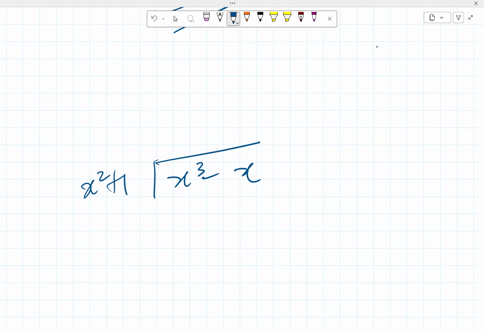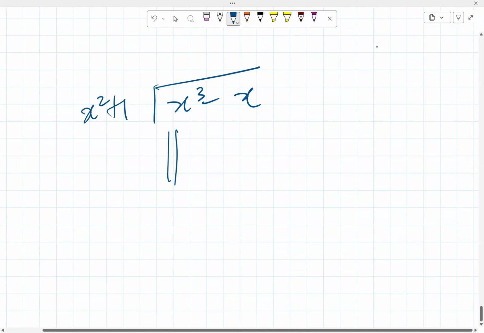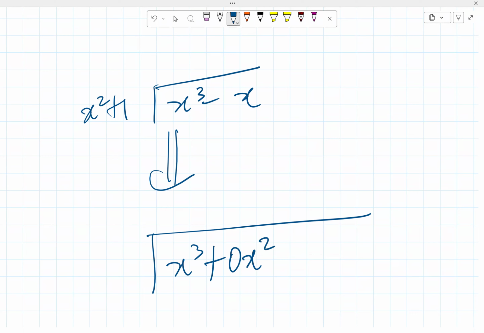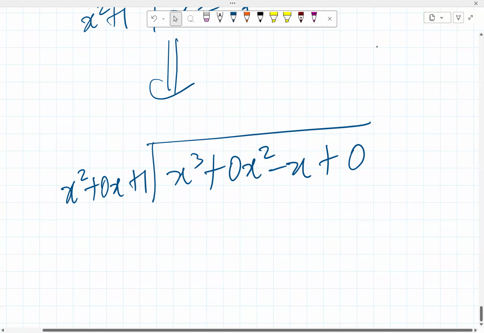Now, this is not the best way to write it if you want to really do long division. You want x³ + 0x² - x + 0, which is the constant, and for this you have x² + 0x + 1. This is when you can do something reliable.